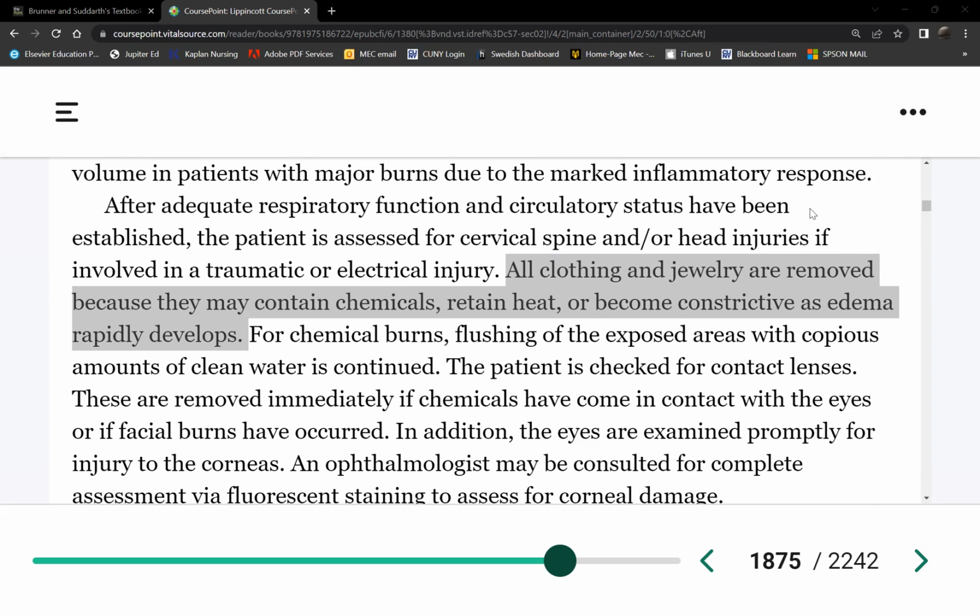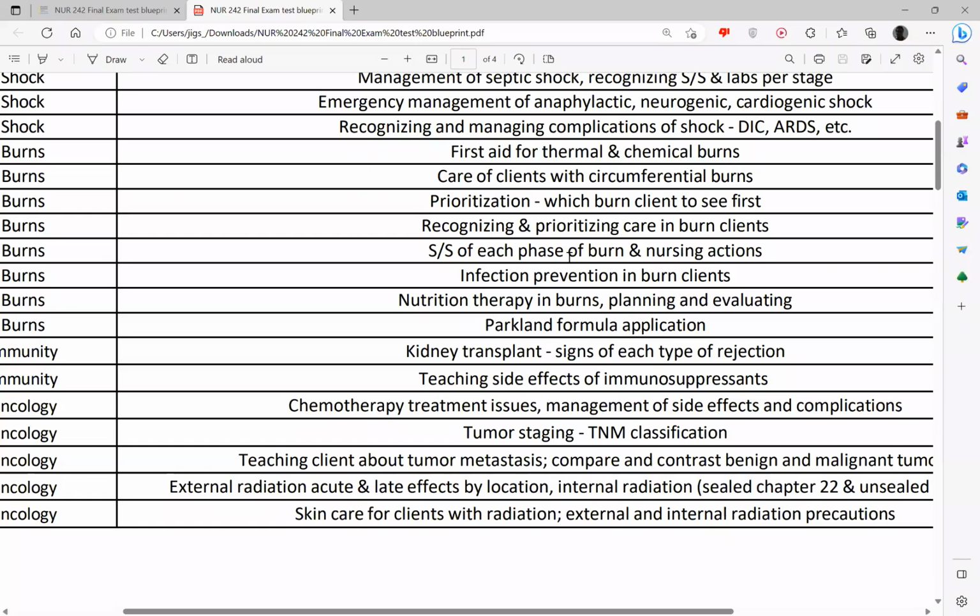Sometimes we put the ID bands too snug, not anticipating the edema, and then the ID bands start digging into the patient's skin. So this is now a device-related injury, right? We caused the injury already. Or just change the ID band as the edema worsens: cut them off and put new ones on.